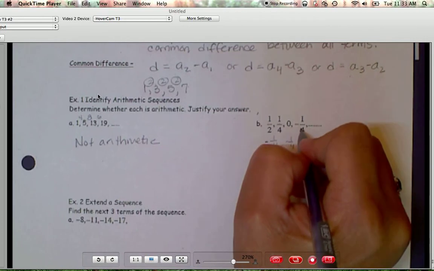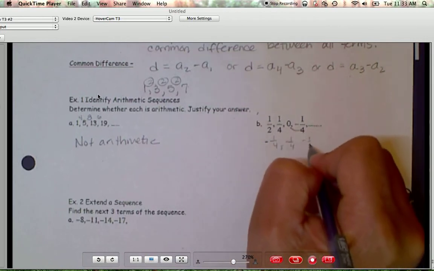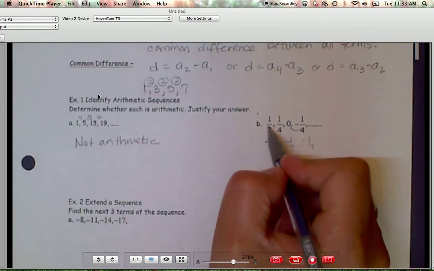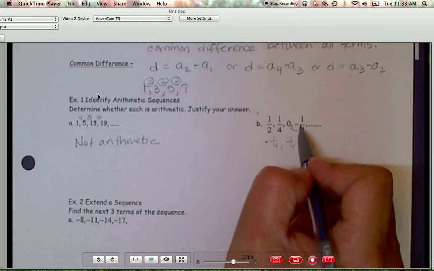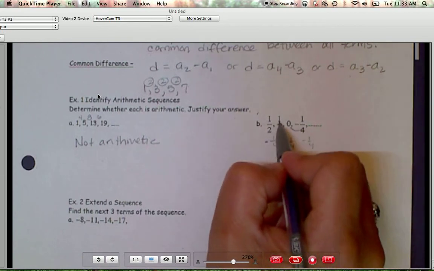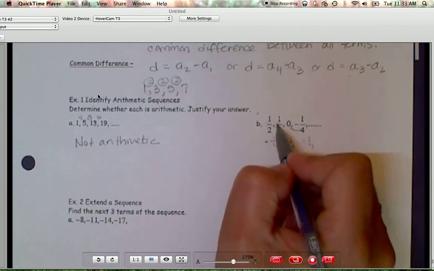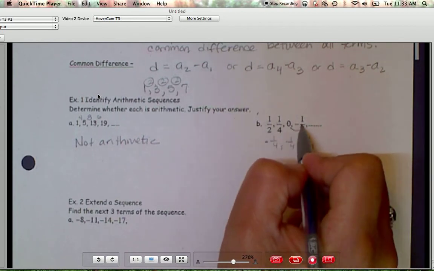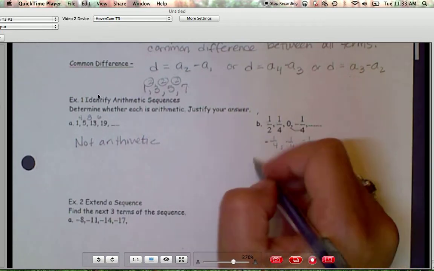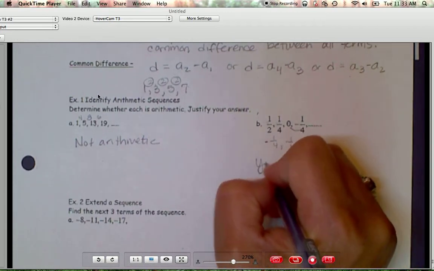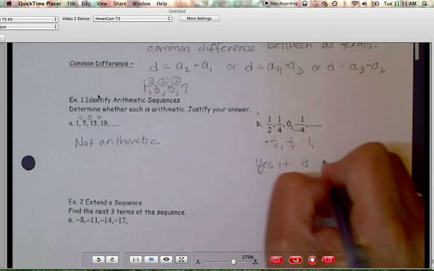And negative 1/4 minus 0 would be negative 1/4. So the difference between each of these, when we're going this way, is subtract a fourth, subtract a fourth, subtract a fourth. And since it's the same every time, yes it is arithmetic.